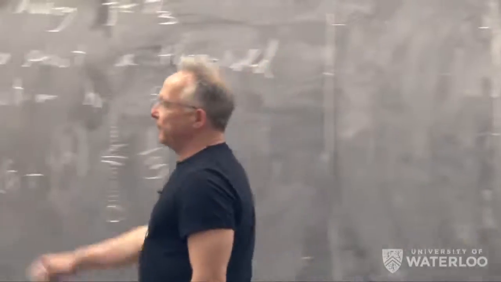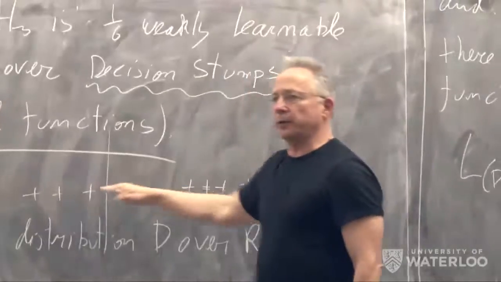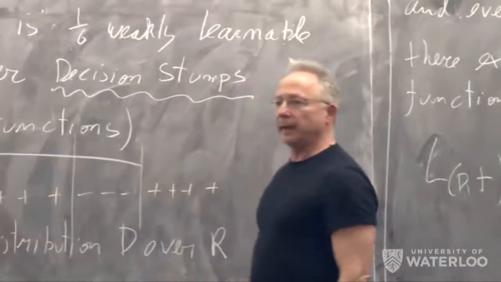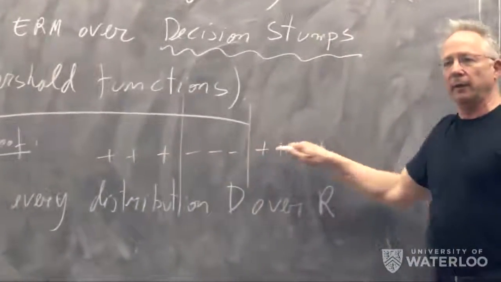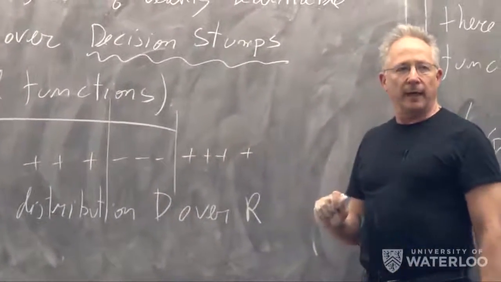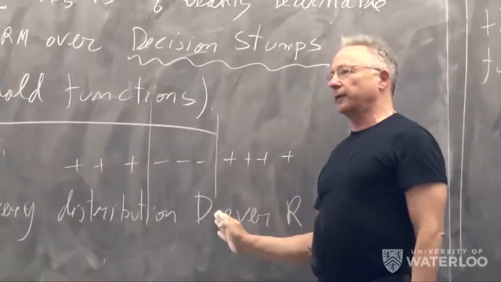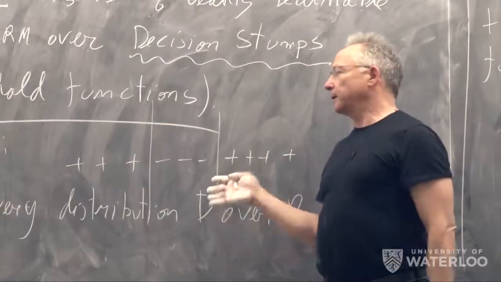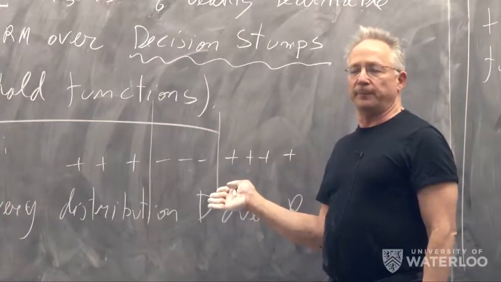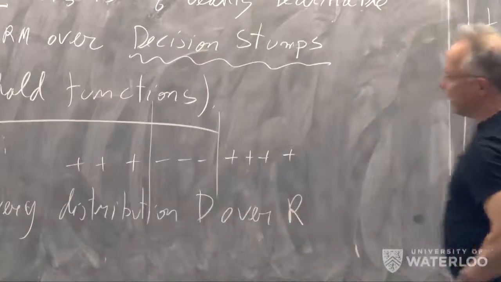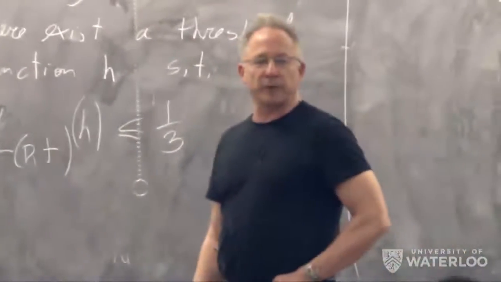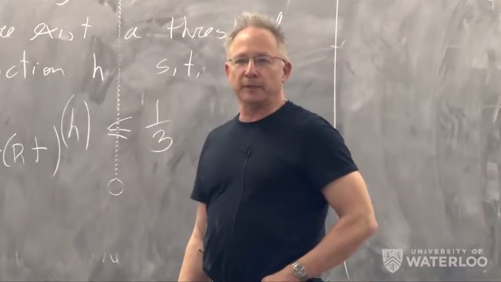You have some function which is a 3 partition. And there's some unknown distribution over the line. I want to show you that there is a threshold which is much simpler that makes error at most 1 over 3. So how will I find this threshold function?